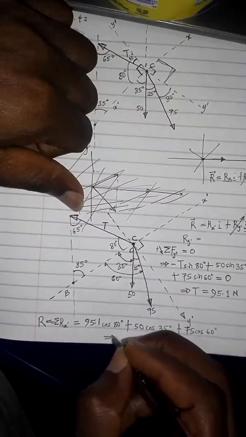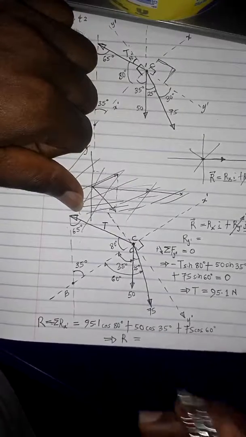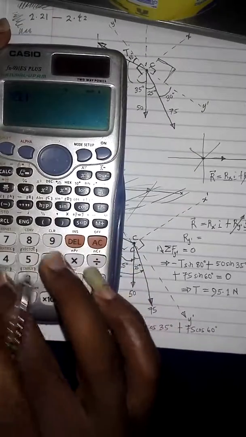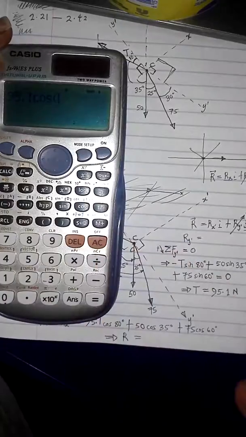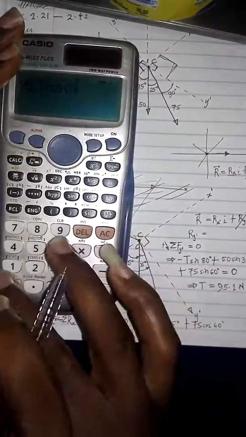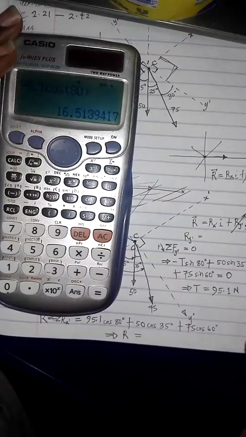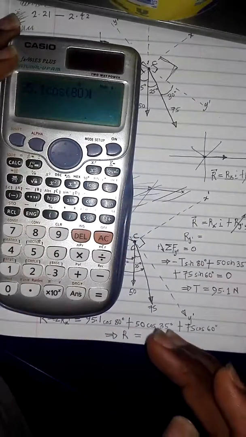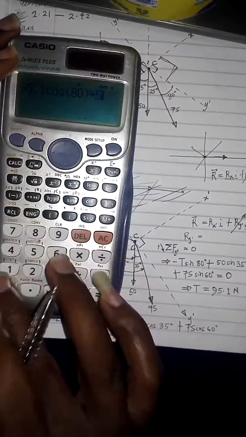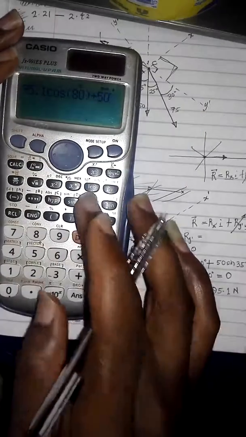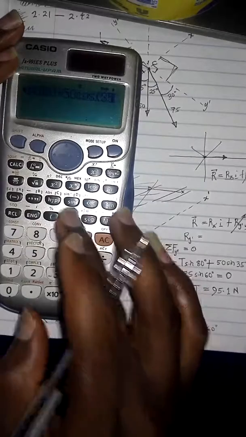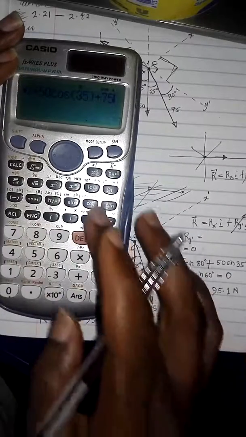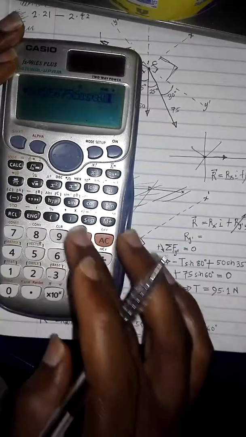So that's going to give me the magnitude of the resultant. So when I add everything, 95.1 cos 80, sorry, let me write everything out once. 95.1 cos 80 plus 50 cos 35 plus 75 cos 60.